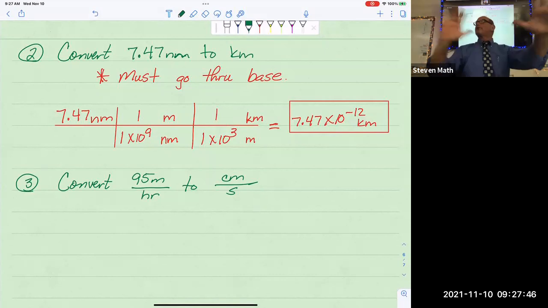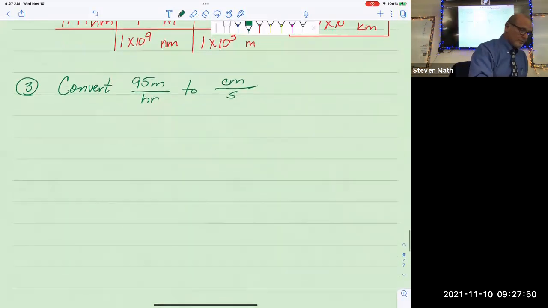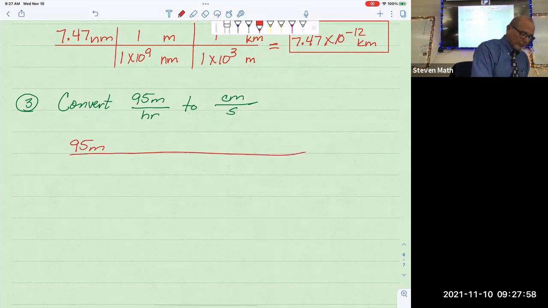So this is one of those derived units. Got division going on here. Just write it out. 95 meters. Don't do the diagonal thing either. Put the hours on the bottom.